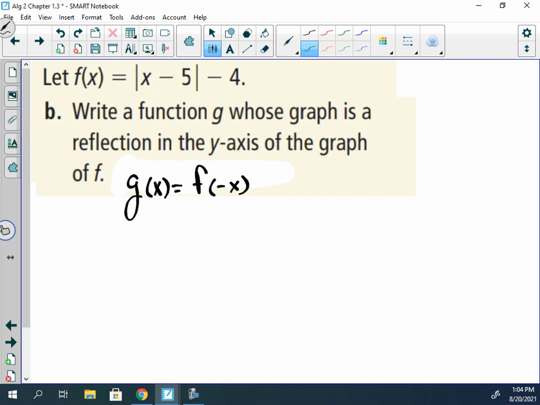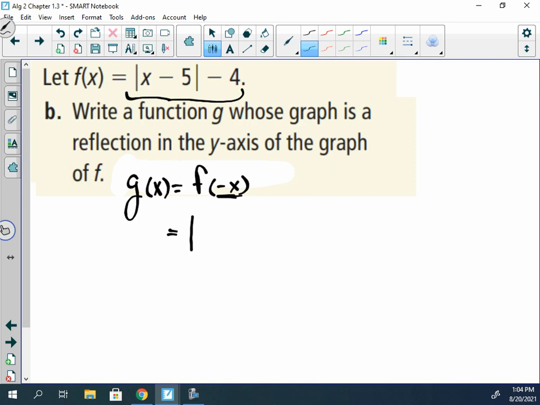F of negative x. So this time, we don't just replace f of x because we don't have f of x anymore. We have f of negative x. So that means we're going to replace every x that's in the function f of x with a negative x.